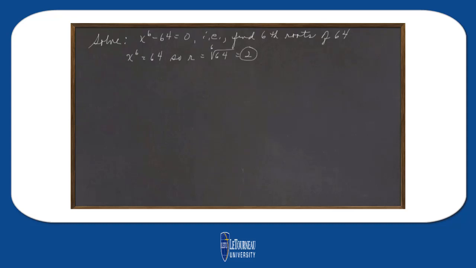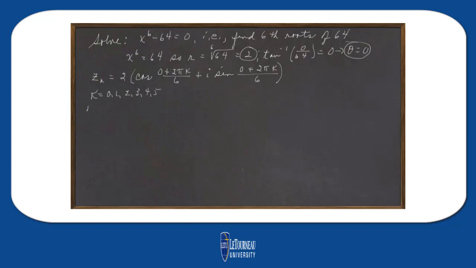x to the 6 equals 64, and so r is equal to 2. Inverse tangent of 0 over 64 is 0, so theta is 0. So here's our z sub k that we always start with, but we want k now to be 0 through 5.